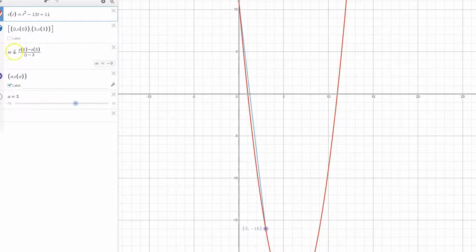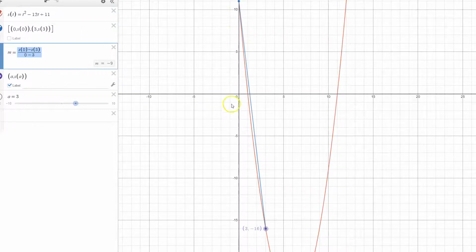And the question itself is, what is the average velocity? Well, it's simply using the 2-point formula to find the slope of this particular line here, and it comes out to be -9. How did I know how to do the slope?